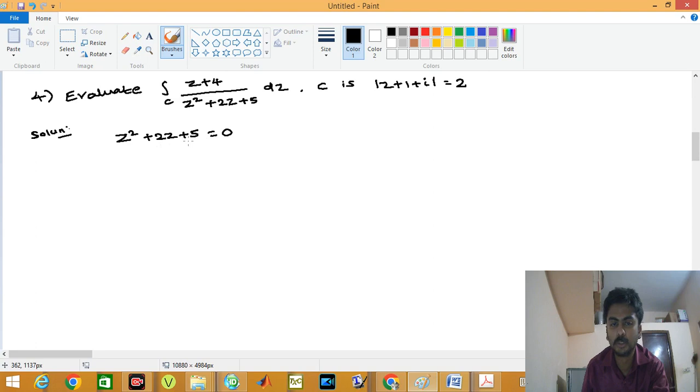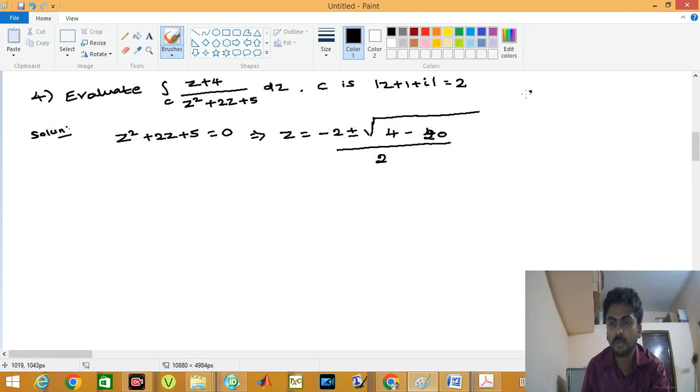So z square plus 2z plus 5 equal to 0 means we can find z by z equal to minus b plus or minus root of b square minus 4ac, divided by 2a. Here b square is 2 square, which is 4, and 4ac is 4 into 1 into 5, that is 20, divided by 2a, which is 2.